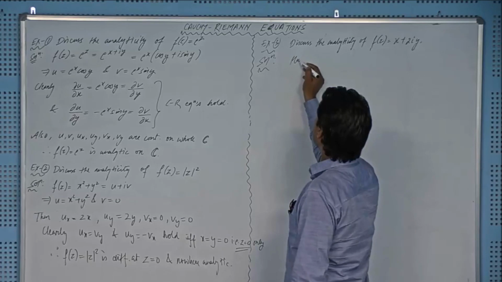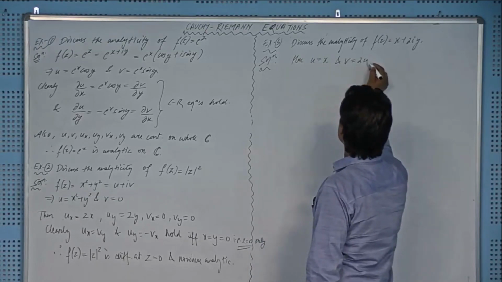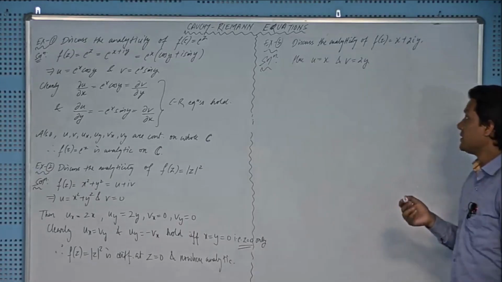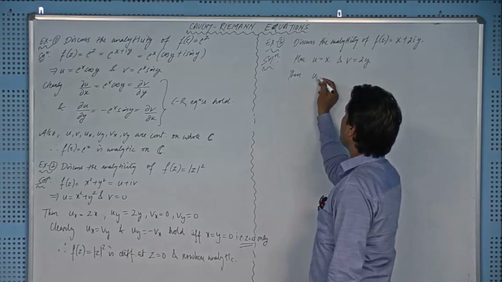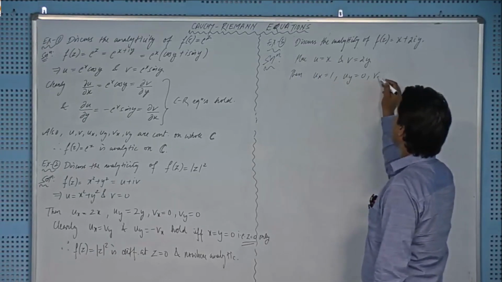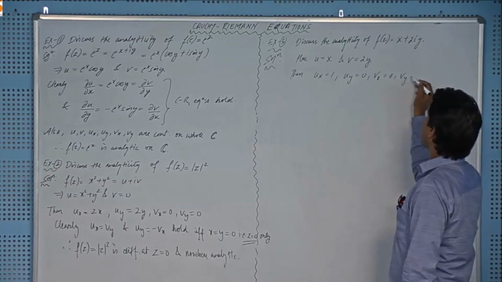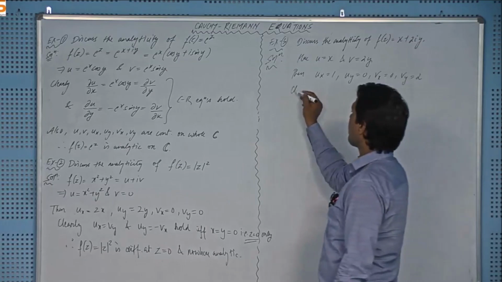Here u is the real part, that is x, and v is the imaginary part, that is 2y, right? Then checking the partial derivatives, ∂u/∂x is equal to 1, ∂u/∂y equal to 0, ∂v/∂x equal to 0, and ∂v/∂y equal to 2, right?